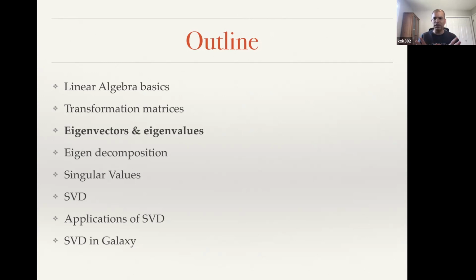That's the whole idea of singular value decomposition. So you have a matrix that represents a transformation, and you can represent it by 3 sequential transformations.